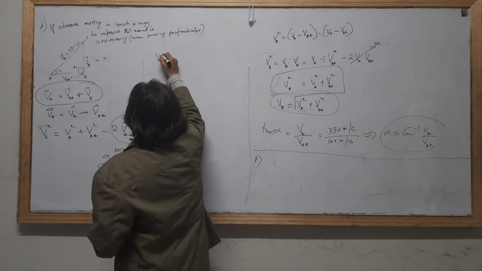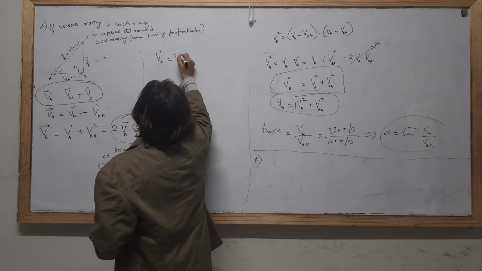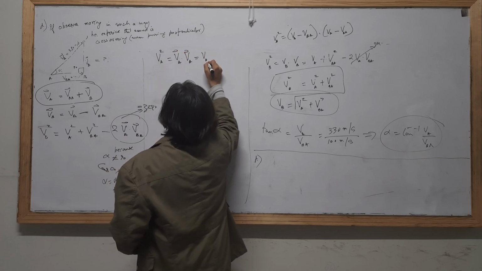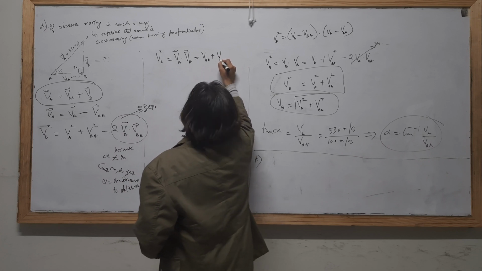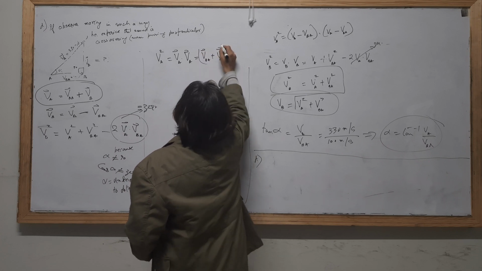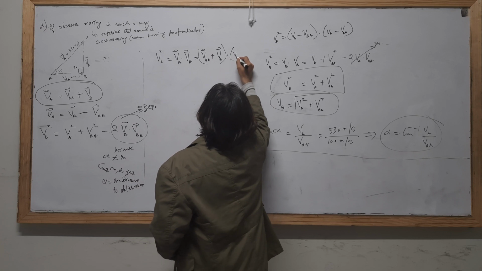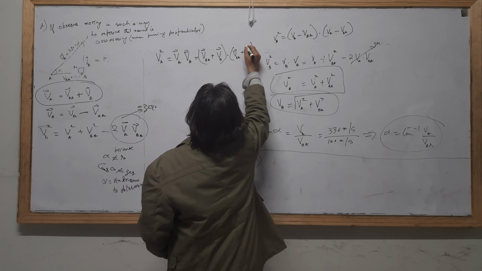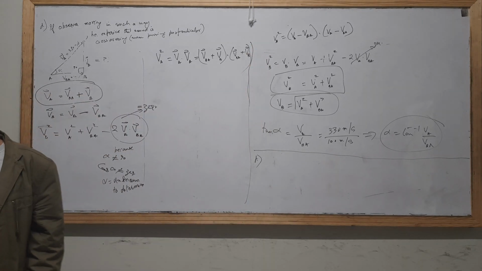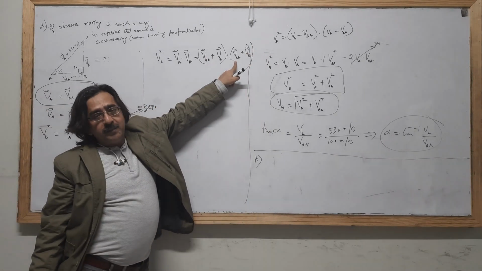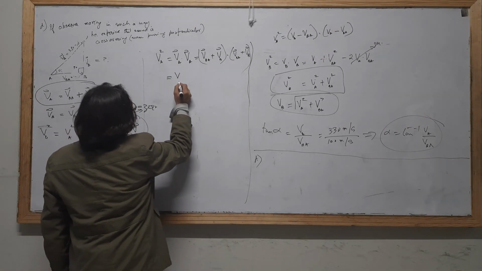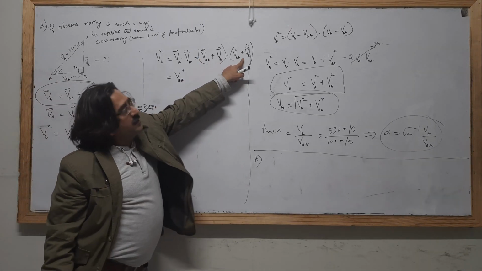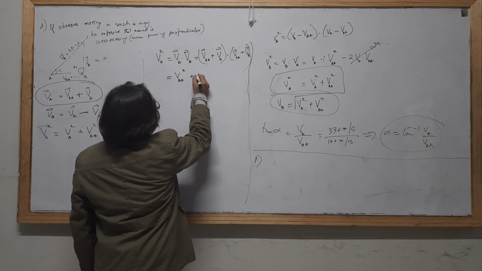So VA square will be VA dot VA, that is (VBA plus VB) dot (VBA plus VB), that will be a dot product.